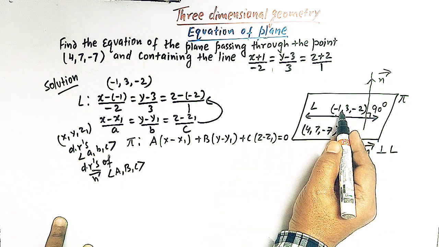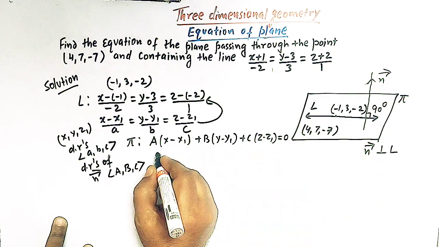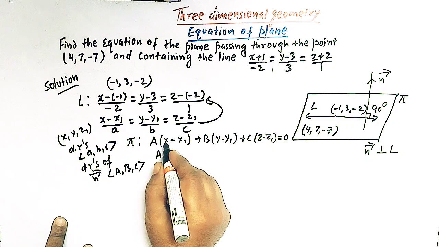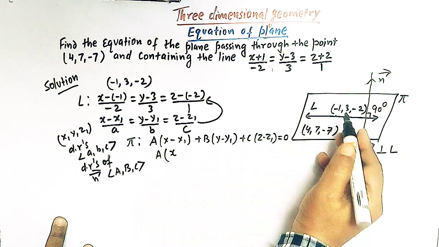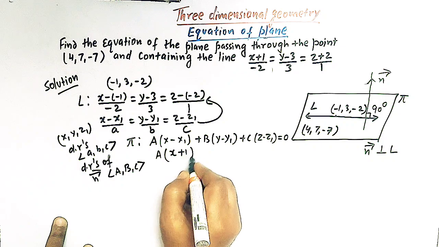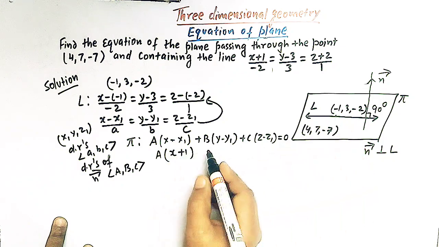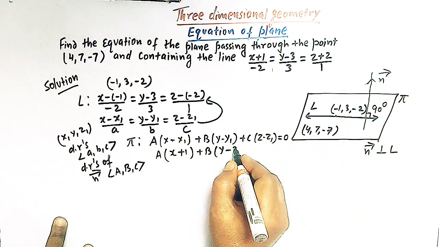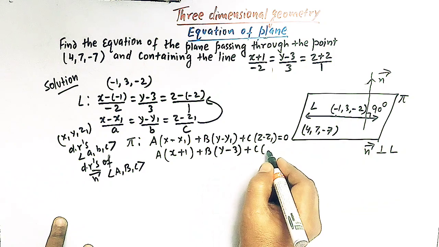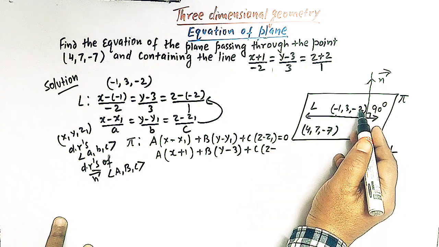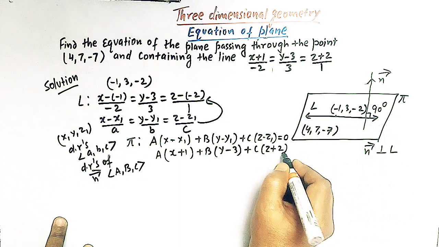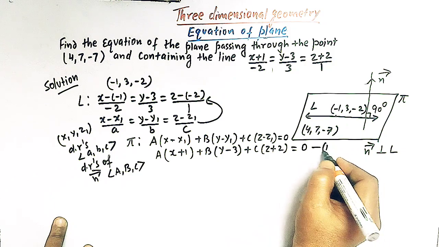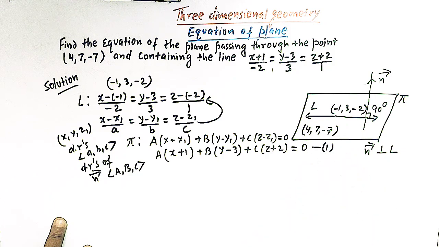So substituting this point in this equation, we can now write the equation of the plane pi as A times (x + 1), since x1 is -1, then B times (y - 3), since y1 is 3, and then C times (z + 2), since z1 is -2, and this is equal to 0. Right? So let us call this equation number 1.